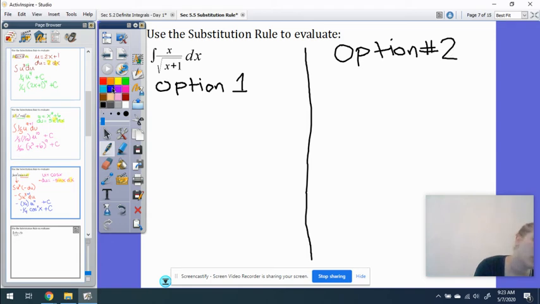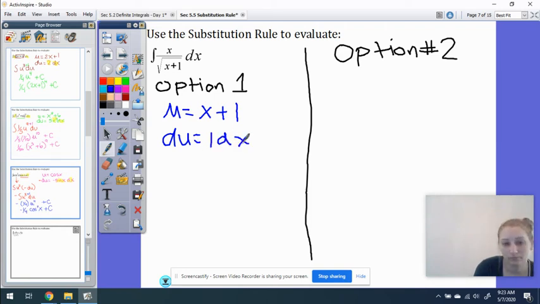Okay, so for option 1, I am going to let u be x plus 1, which would mean du is 1 dx. Okay, you don't really need to write the 1, but I'm doing it in this case.